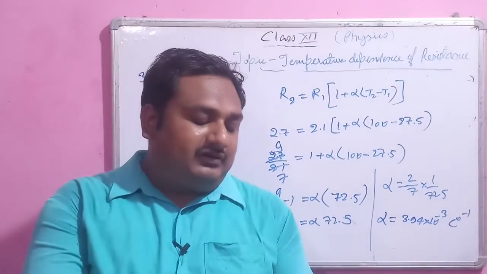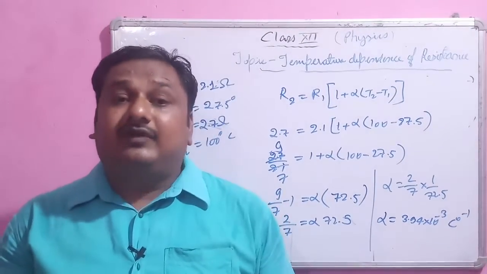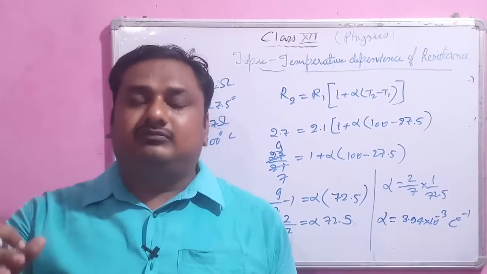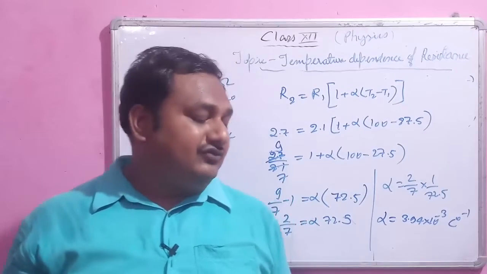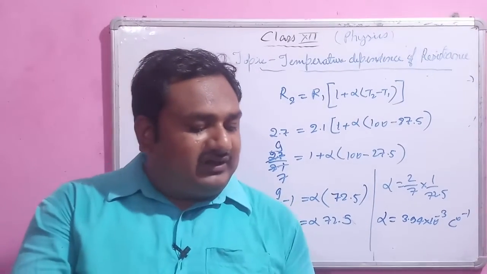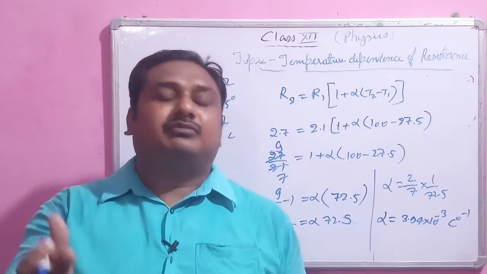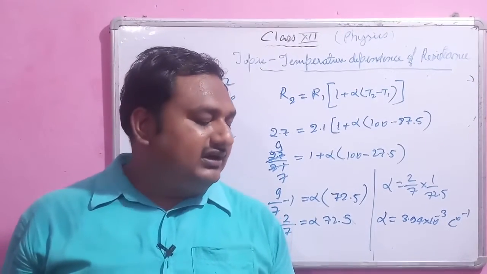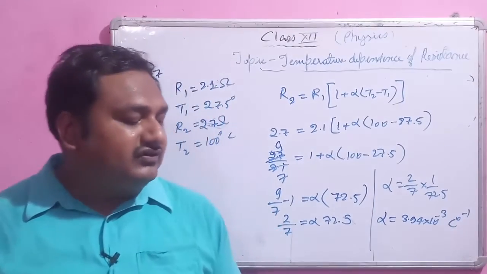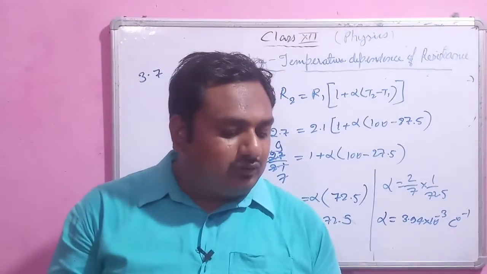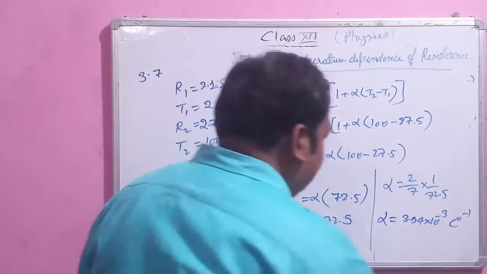What is the steady temperature of the heating element? So they are asking for T2, the steady temperature, if the room temperature T1 is 27 degrees Celsius. The temperature coefficient given is 1.7 into 10 raised to power minus 4 per degree Celsius.